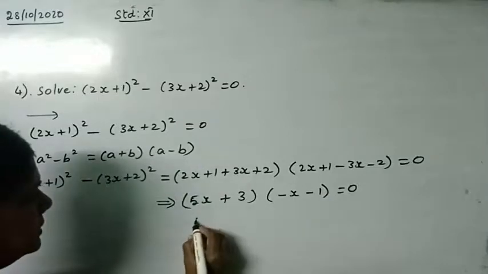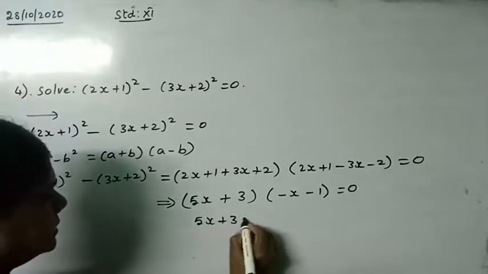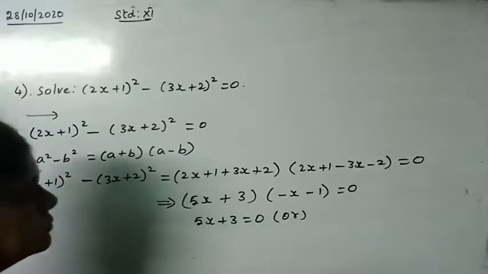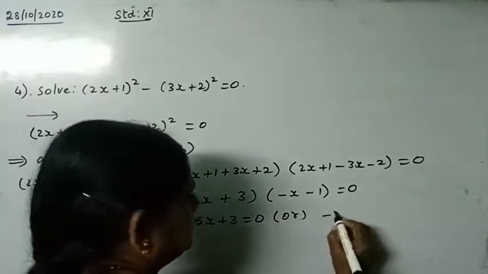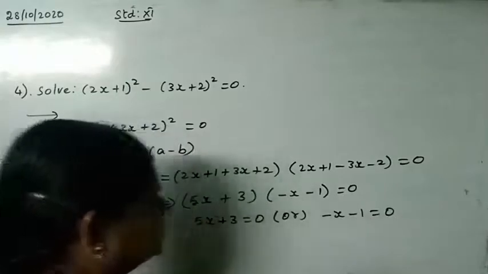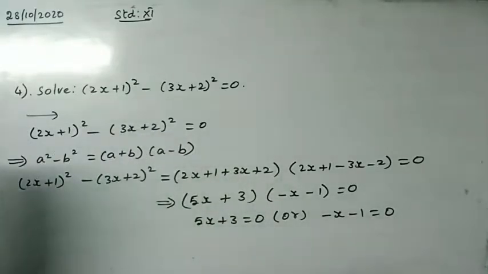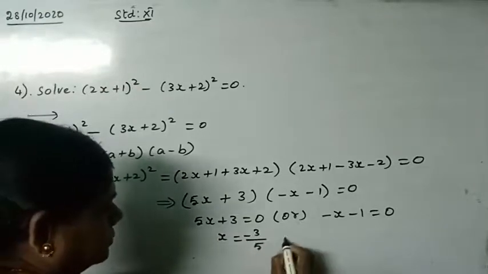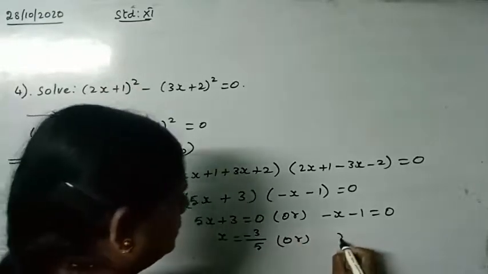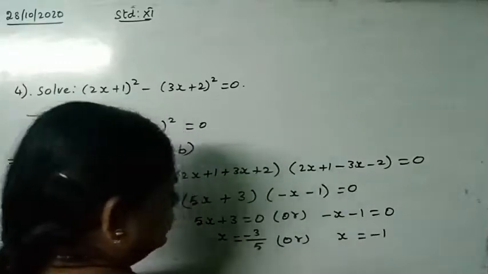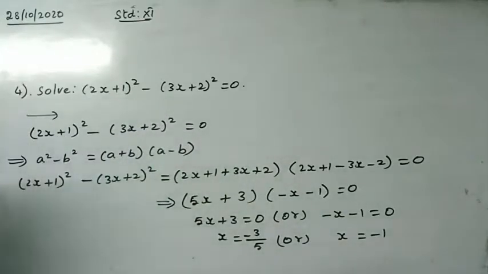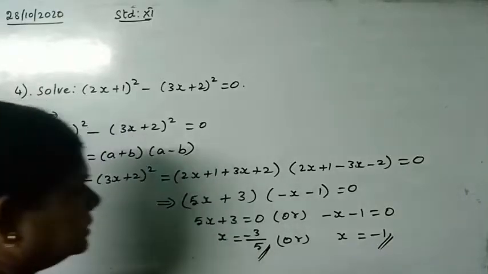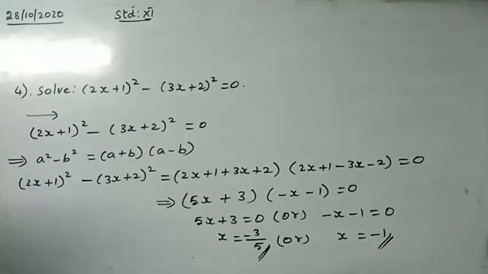So I can write here 5x plus 3 is equal to 0 or minus x minus 1 equal to 0. So here I can take x is equal to minus 3 by 5 or x is equal to minus 1. So these two are the required roots of the given polynomial. So thank you.